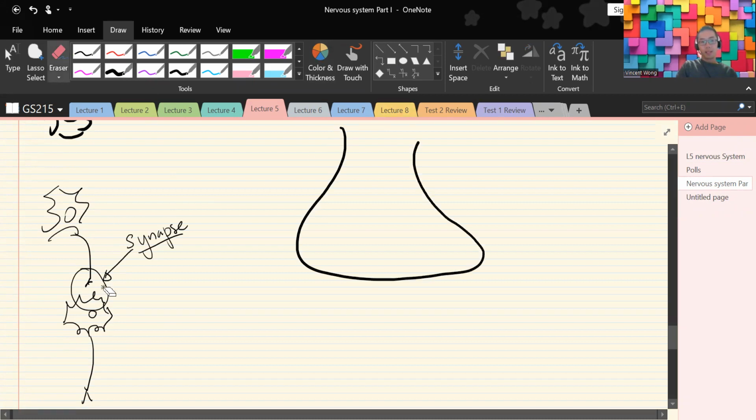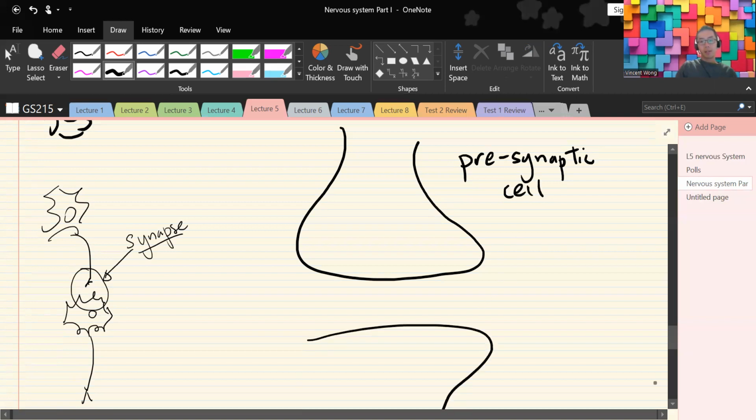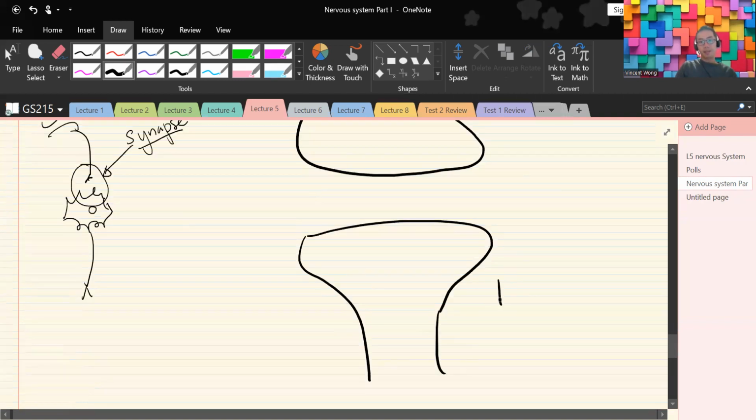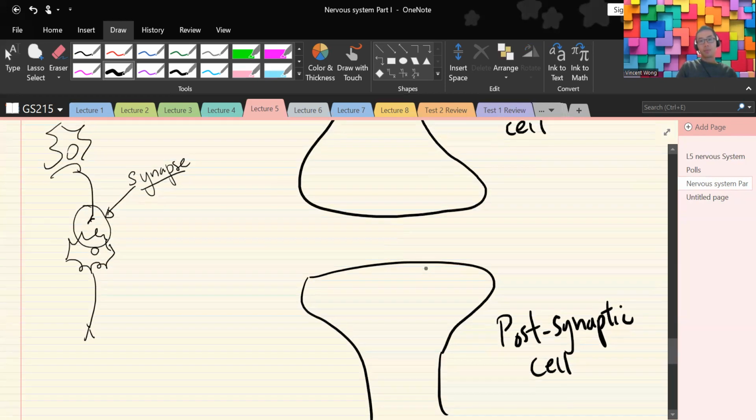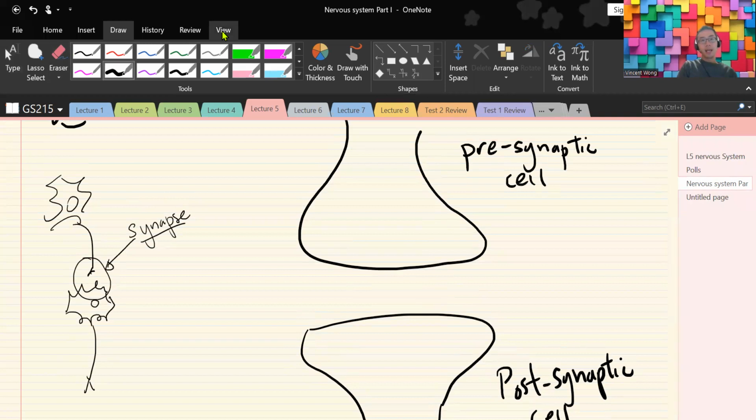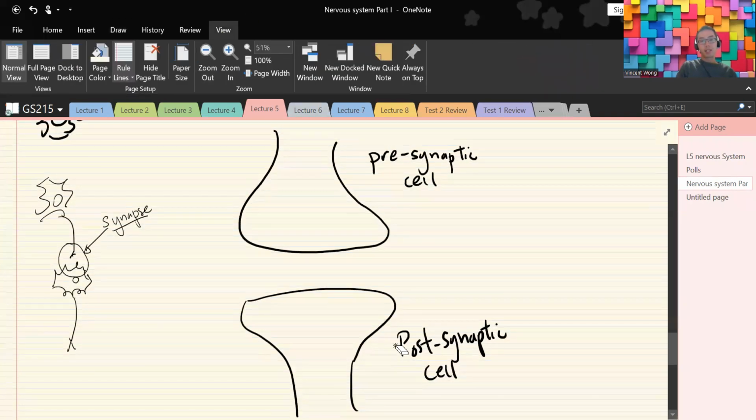And we're going to zoom in here. This is called a presynaptic cell. And then over here, we're going to have our postsynaptic cell. Okay, so the presynaptic cell is the cell that's carrying the signal, and the postsynaptic cell is the one that's going to be receiving it, right?